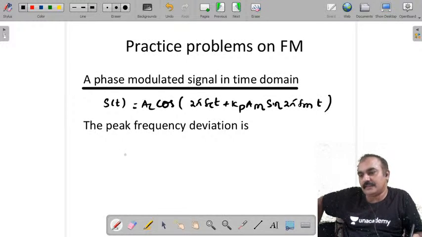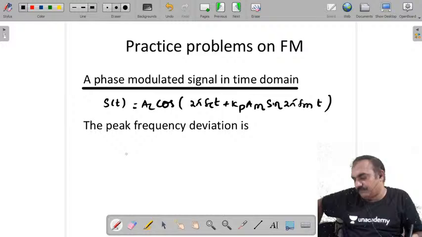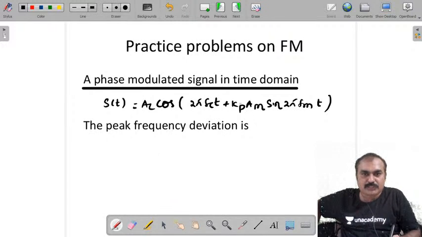He has given this, where Kp is the phase sensitivity of the modulator.